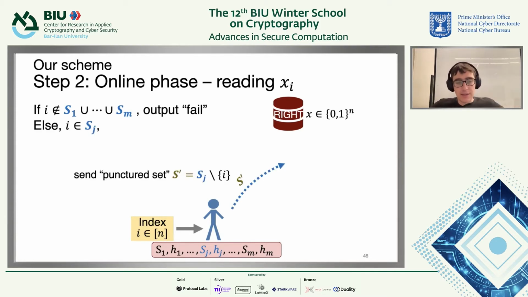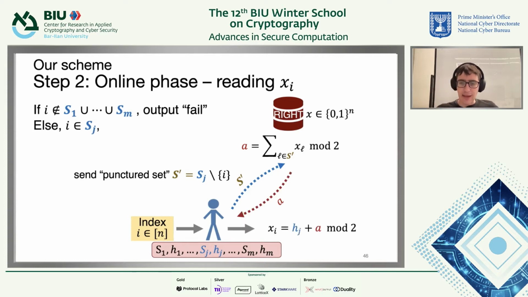Otherwise, the client finds a set S_j that contains i, and roughly speaking, it punctures this set S_j by removing index i from it and sending this slightly smaller set S' that now has square root n minus 1 elements to the right server. The right server behaves similarly to the left server. It computes the parity of the database bits indexed by this punctured set S' and sends the bit back to the client.